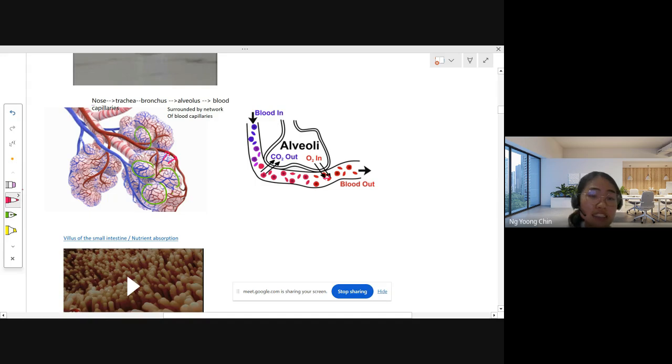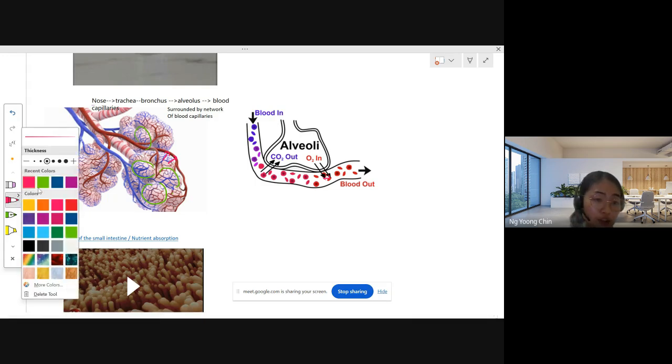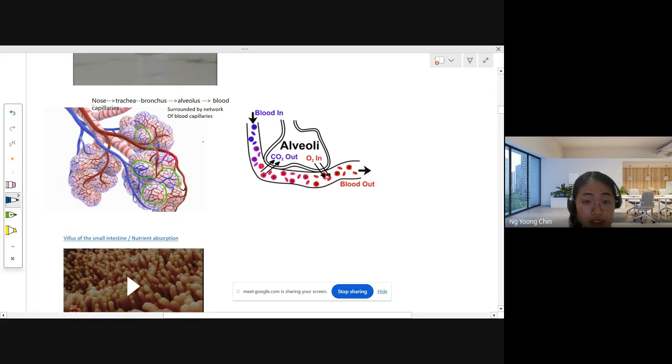When the blood capillary contains a very high amount of deoxygenated blood, just like in this picture, this picture shows the deoxygenated blood. These deoxygenated bloods contain a very high concentration of carbon dioxide.